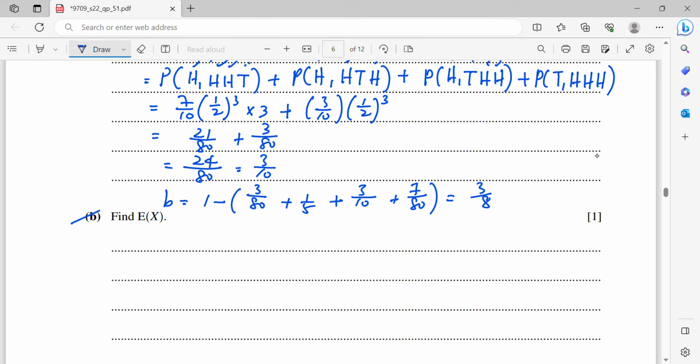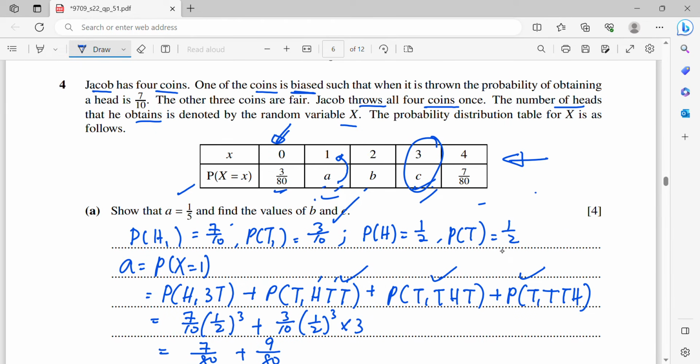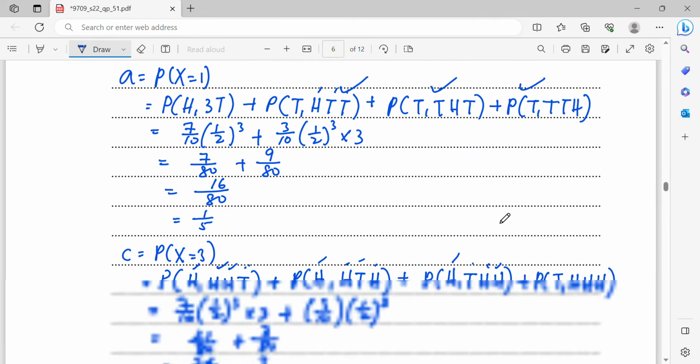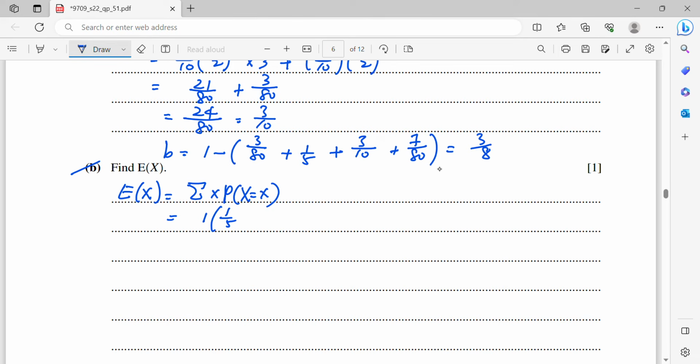Right, so now part B, find E(X). So E(X) is summation of X times P(X). Look at here, the first X is 0, so no need to count because 0 times 3 over 80 is still 0. So I will count 1, 2, 3, 4 for the X values. So 1 times A, so 1 times 1 over 5. Then the B value is the probability when X equals 2.